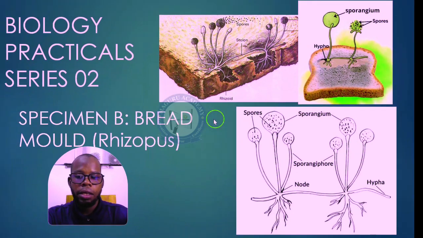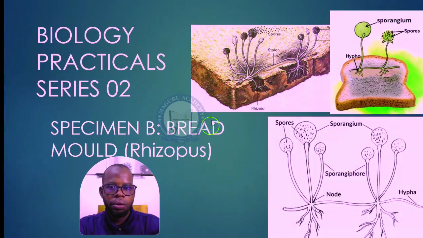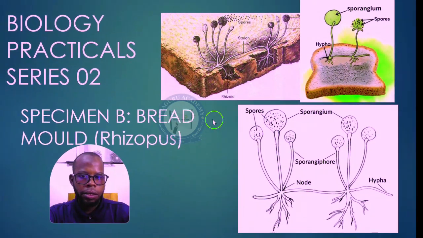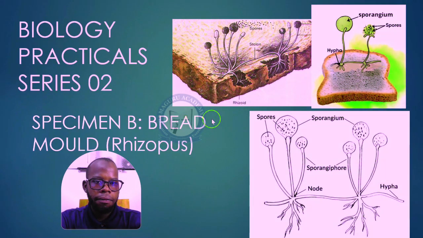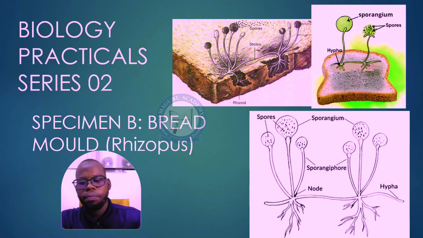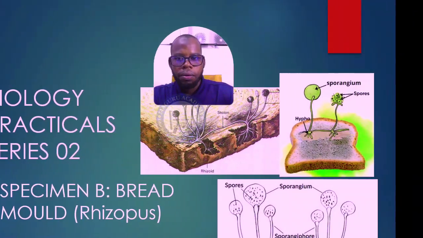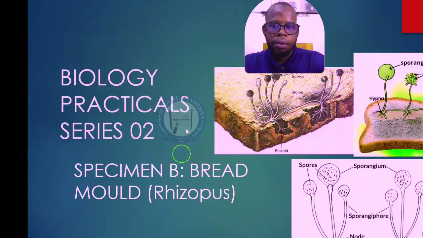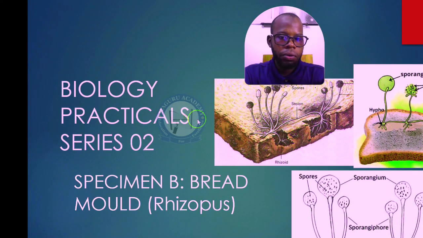You can use a hand lens to magnify the bread and see how the molds are growing in different positions of the bread. Sometimes they can be matured, and sometimes small or immature. It depends on the period or time since the bread was prepared to initiate those molds.